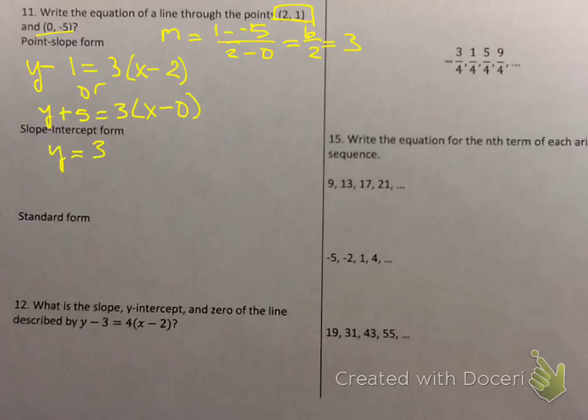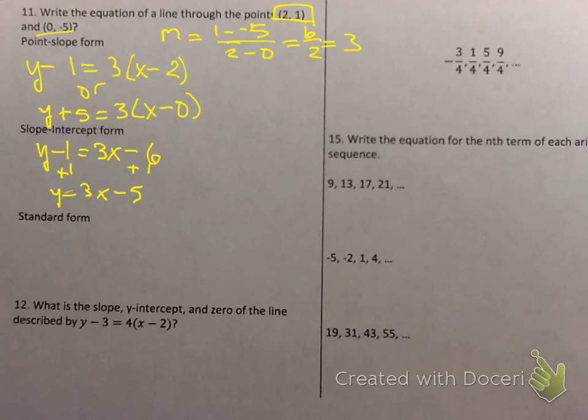Okay, slope-intercept. Actually, I'll go over that one right there. If I had used the point slope form, I would have ended up with y minus 1 is equal to 3x minus 6. 3 times 2 is 6. Add 1, you get y is equal to 3x minus 5.